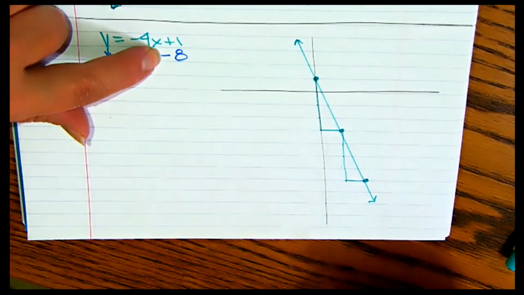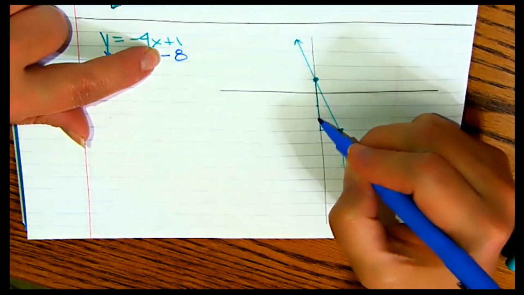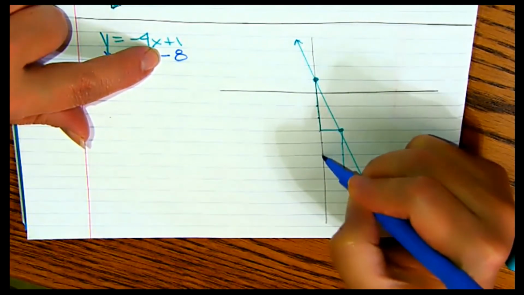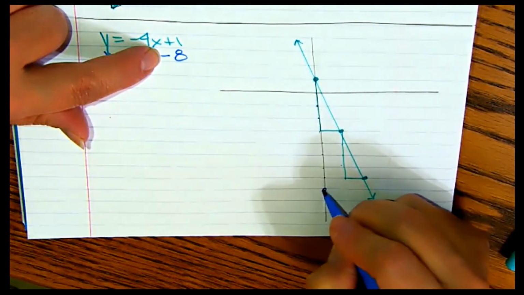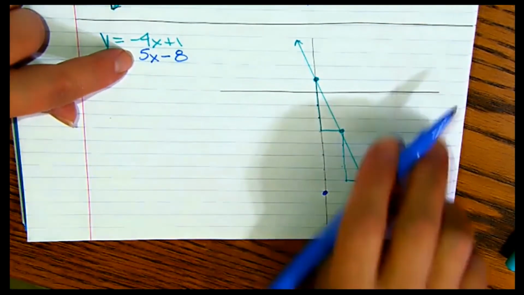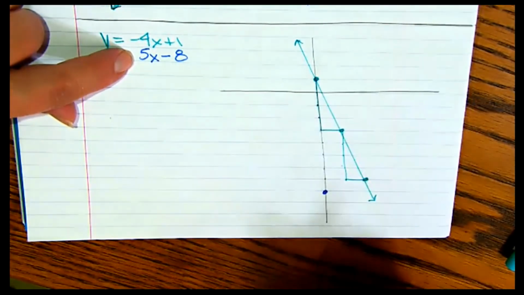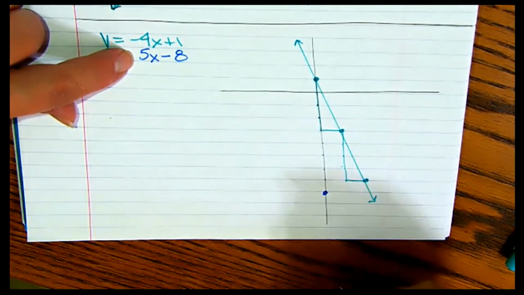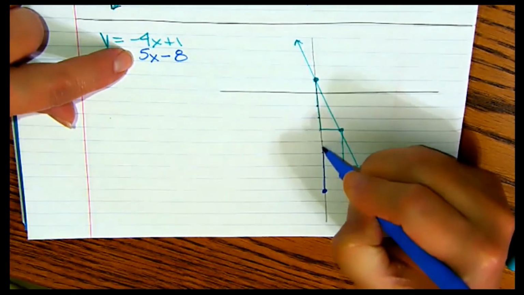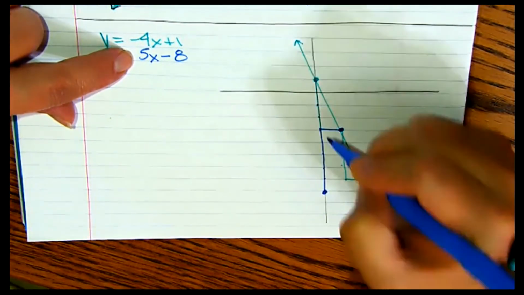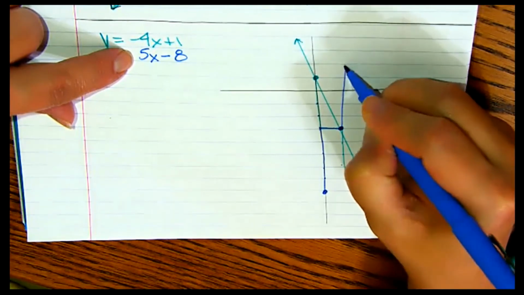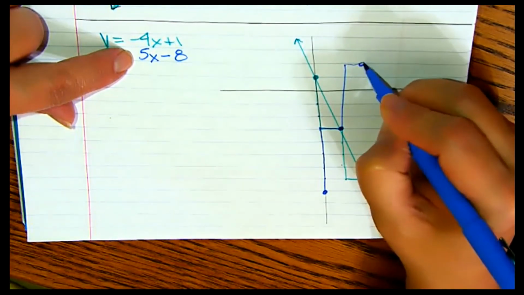So my y-intercept is -8. 1, 2, 3, 4, 5, 6, 7, 8. My slope is positive, so it's going to go up. And I'm going to go up 5 over 1. Up 5 over 1.